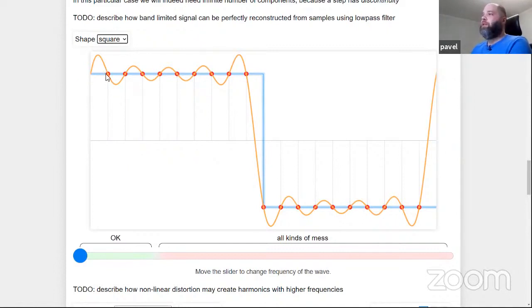And we can see that when we sample our square wave in some way, we get samples, and after reconstruction we get this approximation of the square wave. And because this square wave has a discontinuity, we can't represent it with limited bandwidth, with limited frequencies.